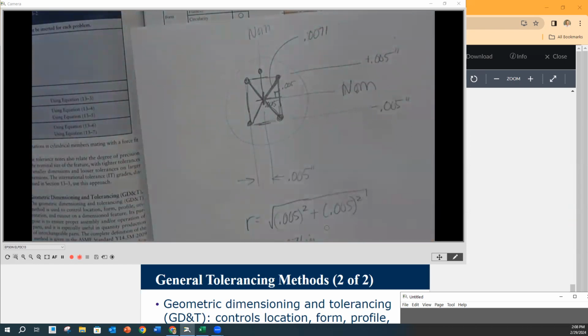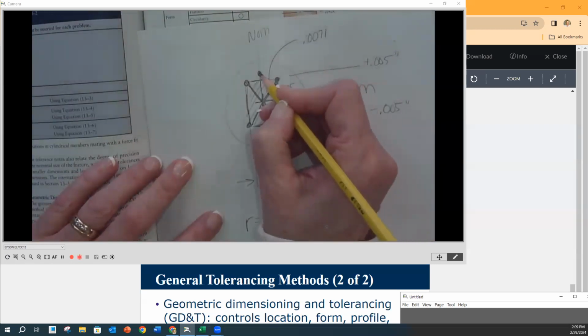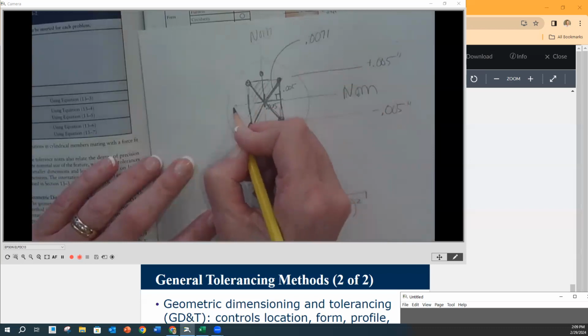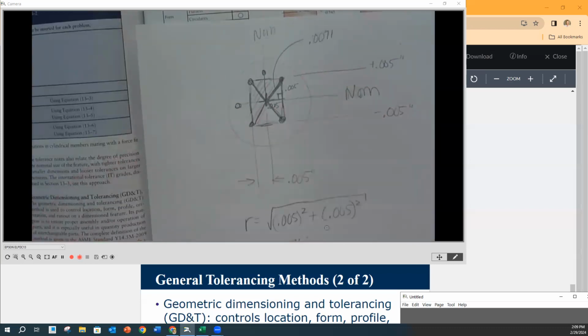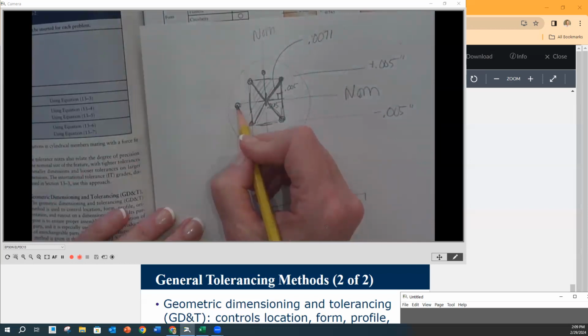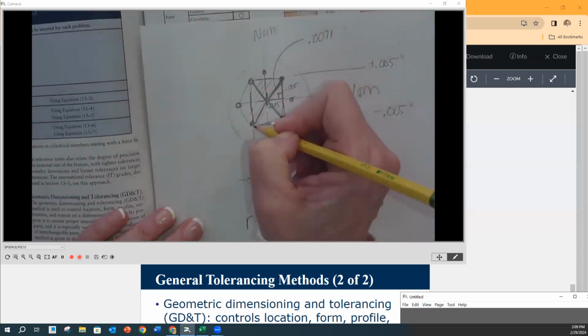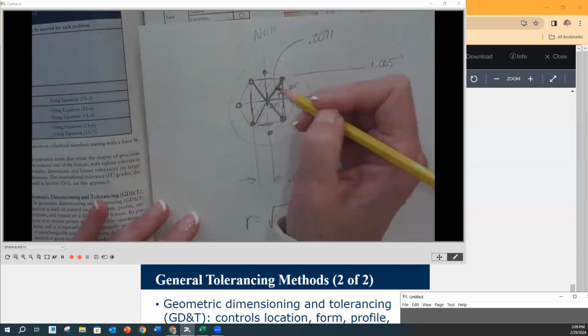Am I going to accept or reject? I'm going to reject, because this is plus 5 thousandths and I'm up here, right? If I go over here and I have that same radius of 0.0071, accept or reject out here? Reject, reject, reject, reject on all of these radiuses, any of those spots.